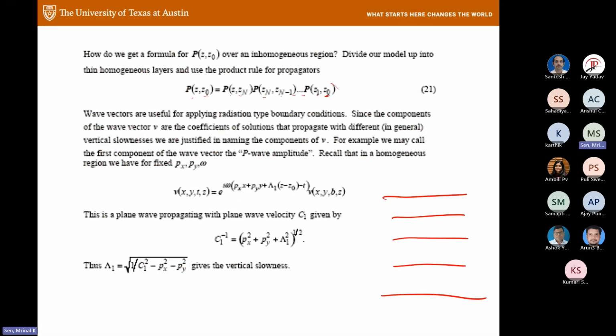It's a cascaded multiplication of propagator matrices. And it turns out that this V can be computed from this. And this eigenvalue matrix that I showed you will have the vertical slownesses here. So that is applying the phase shift.